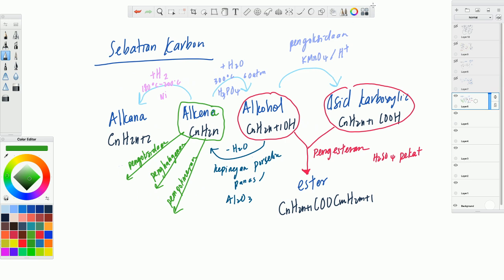Bezanya ialah kamu boleh menghasilkan diol. Maksudnya ialah daripada satu hidroksil dia jadi 2 hidroksil. Diol. Sekiranya inilah etena, dia jadi etena-1,2-diol. Penghalogenan ialah penambahan halogen, contohnya klorin, bromin, iodin.